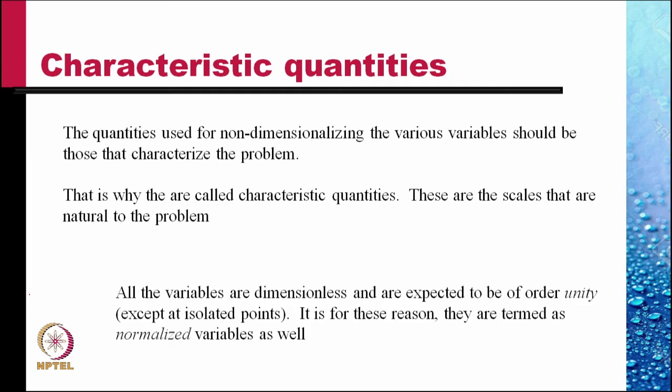All these variables, x star, z star, u star, w star, p star, now are dimensionless and are expected to be order unity, except at isolated points. They are neither too big nor too small. And it is for this reason that they are also termed normalized variables. We will use this fact later on in this course.